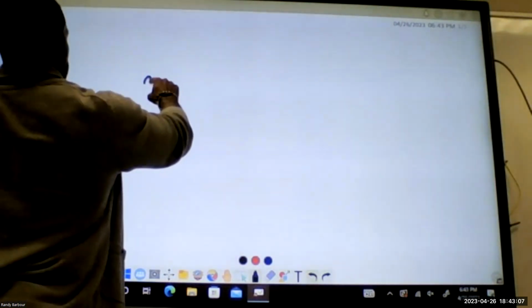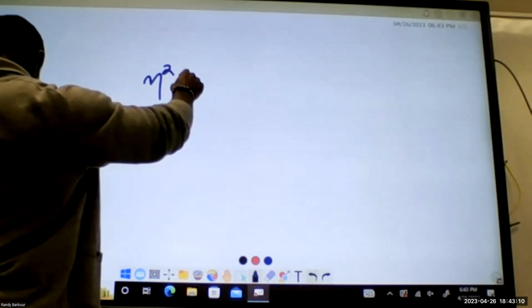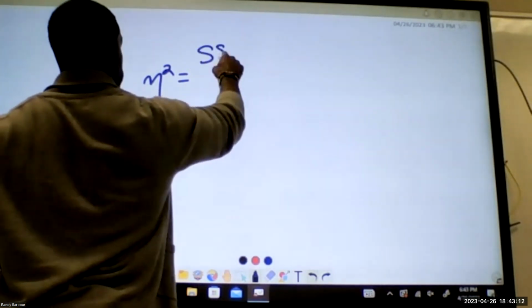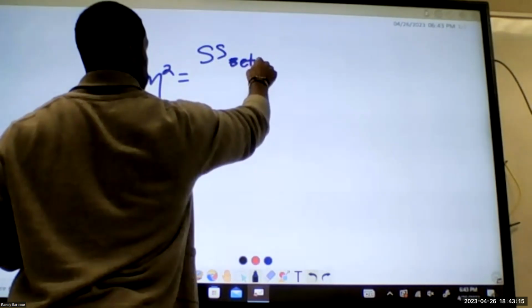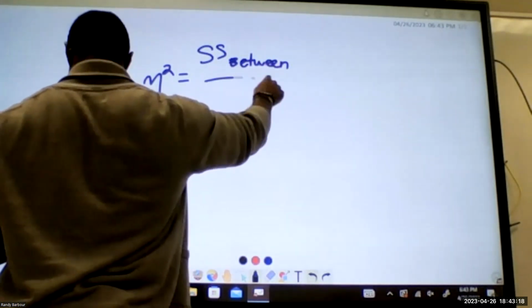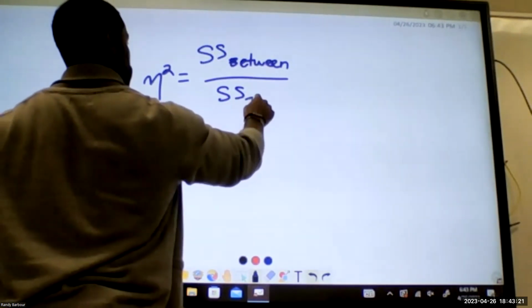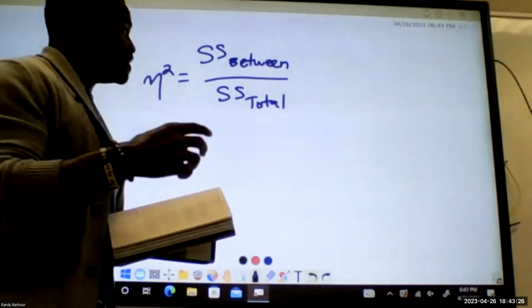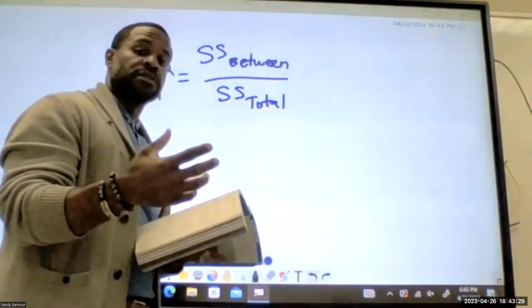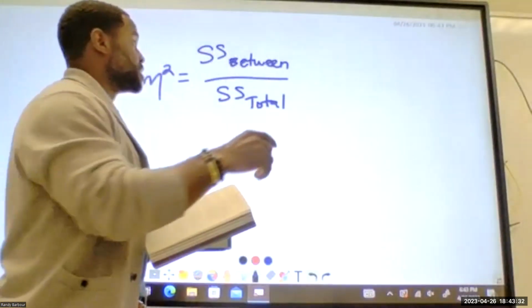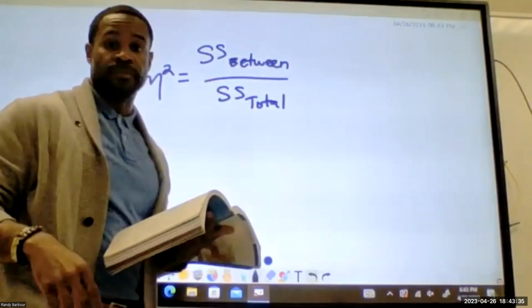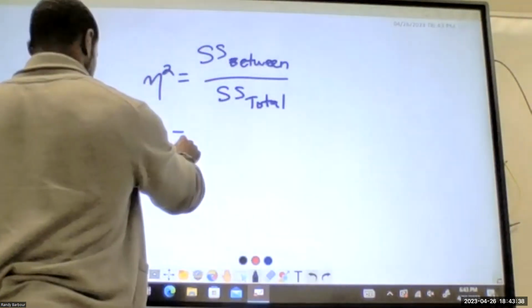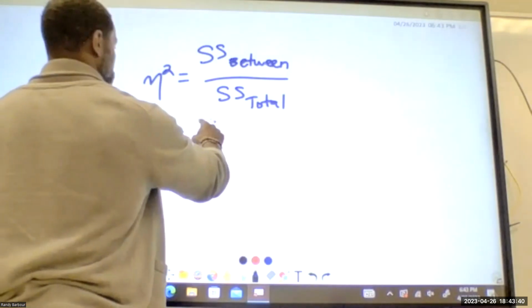So for my eta squared, if you remember all of our values, this is showing me how much of the difference between our groups is accounted for by the treatment effect, right? And now we know all of those values, and we have our sum of squares between, it's 84.